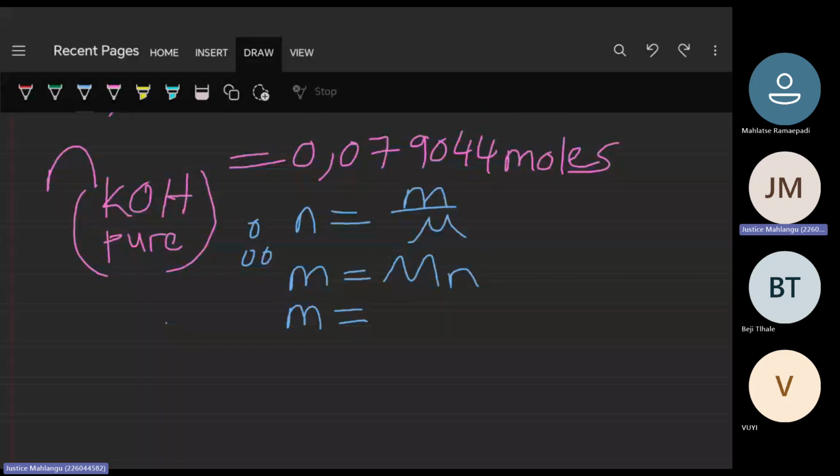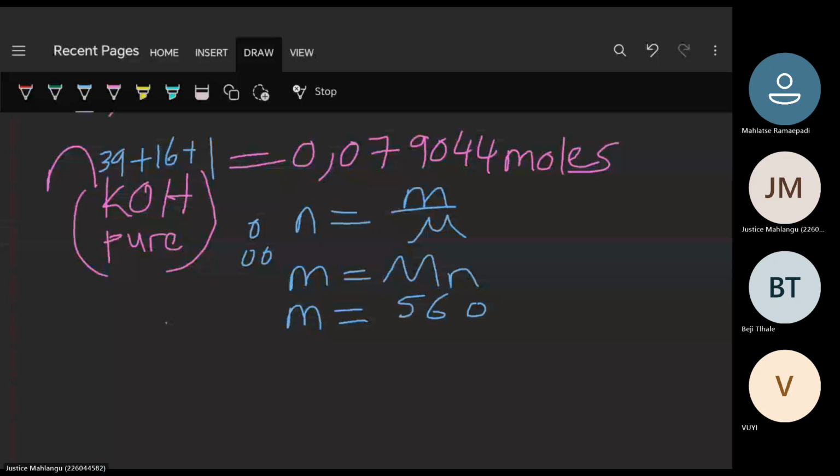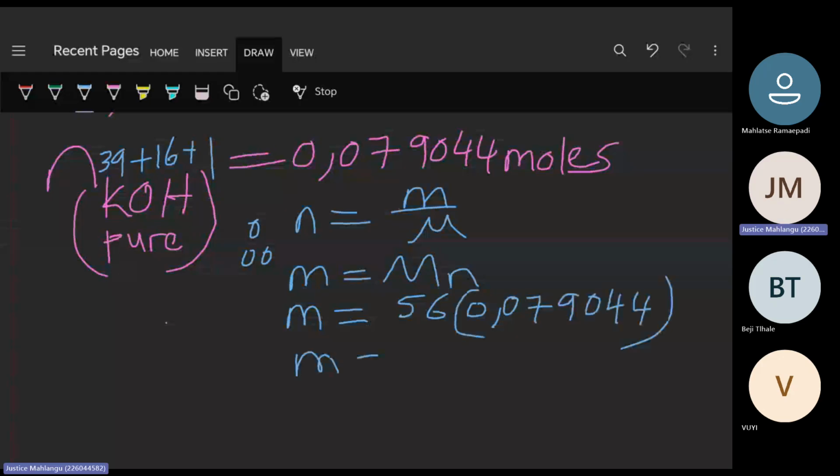So it's 56 times the number of moles. We have got the number of moles here, 0.0794. So can you multiply 56 times those number of moles?